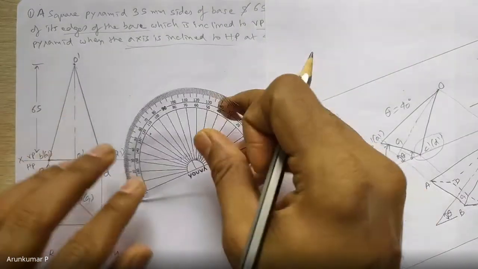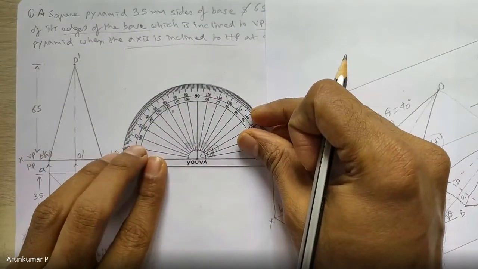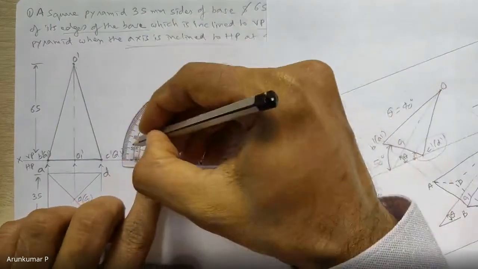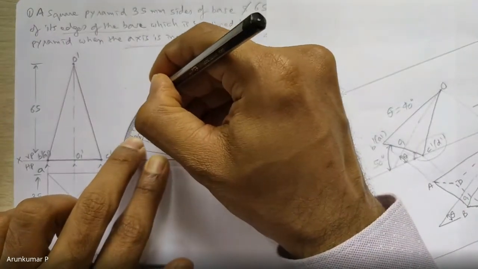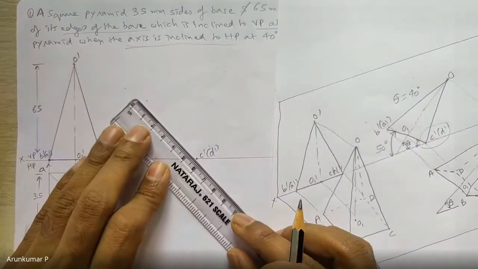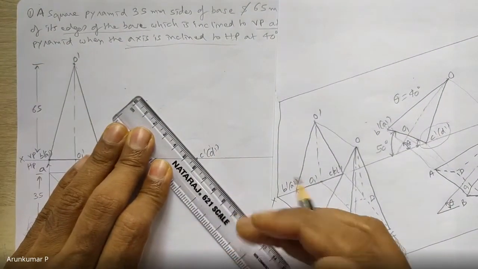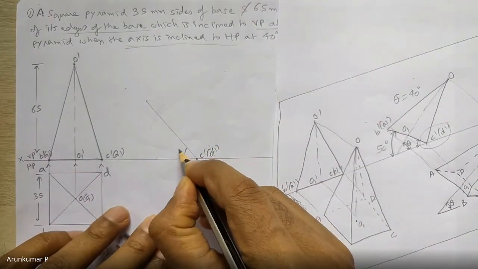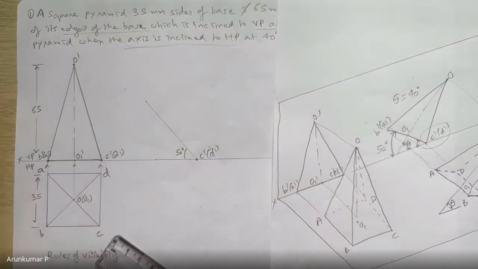Now I'll be drawing the 50-degree angle like this. So 50 degrees, and I'll be drawing the 50-degree line on which the base is to be located. So this is the 50 degrees. On this, the base will come.